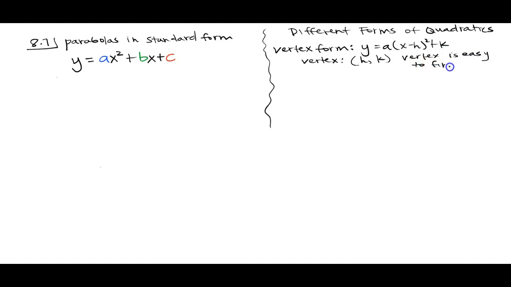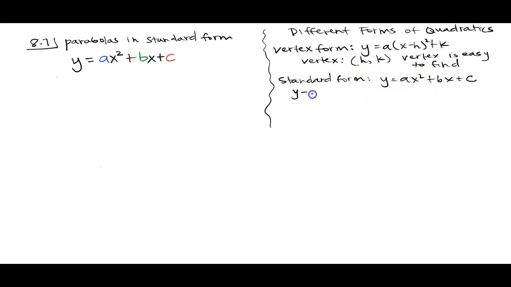If it's in standard form, which is the one we're dealing with here, y equals ax squared plus bx plus c, then the y-intercept is easy to find.